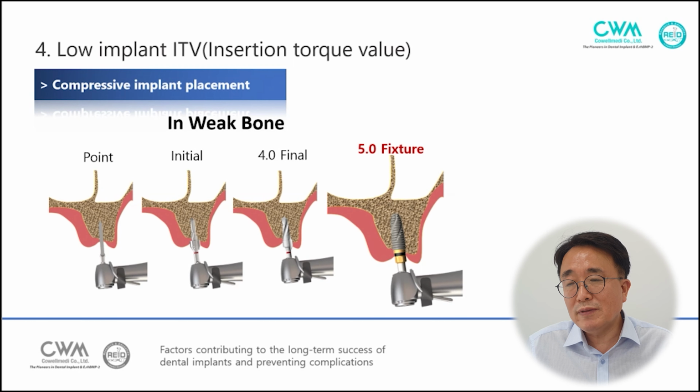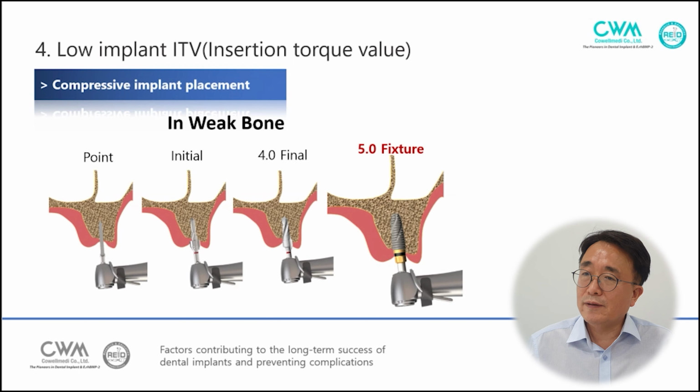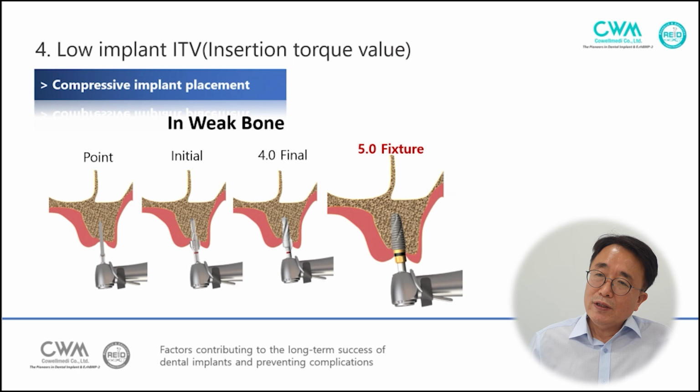So in this case, you have 40 Newton centimeter ITV, but you have to think this bone quality will decrease during 6 weeks. So you have to use a conventional healing abutment diameter 4 or 5.